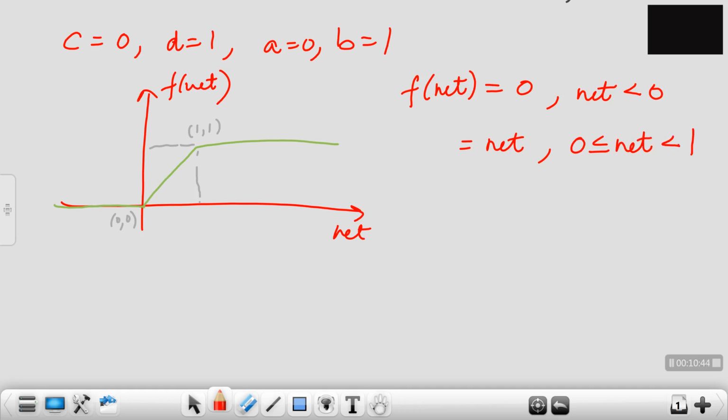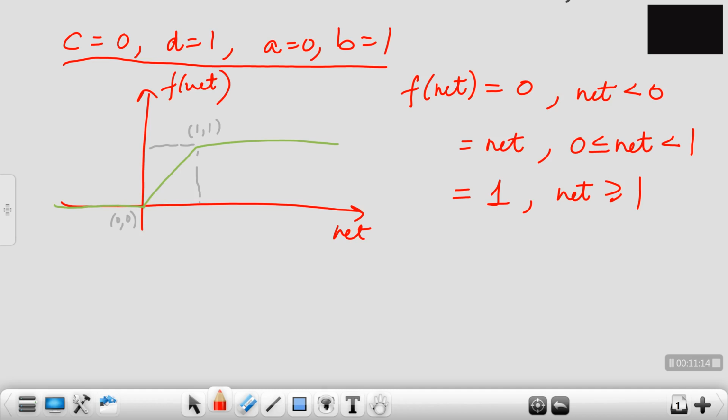So when it is lying between 0 and 1, f of net is equal to net, and then when net is greater than or equal to 1, it will be 1. So this is another type of a function which is a ramp function, but a ramp function with this particular characteristic, c is equal to 0, a is equal to 0. So this is also a ramp function but with special characteristics.